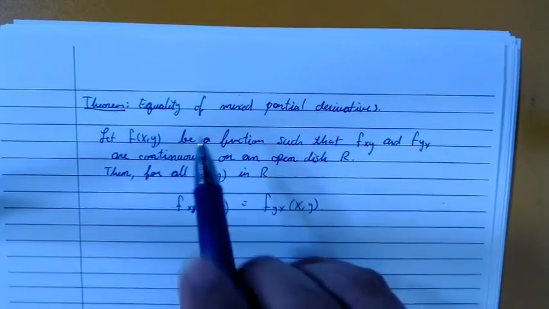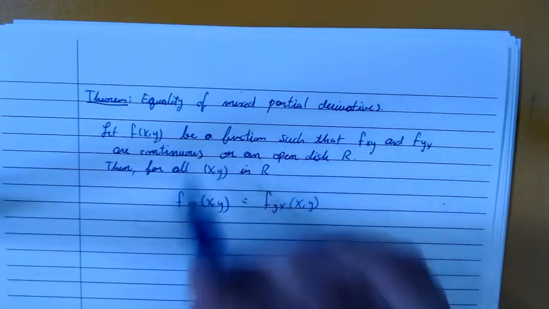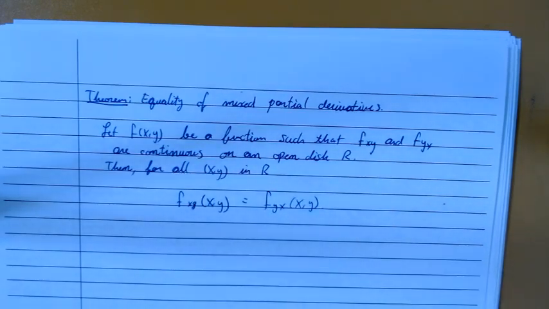So here, as long as your mixed partial derivatives exist and are continuous on an open disk, then they must be equal to each other.